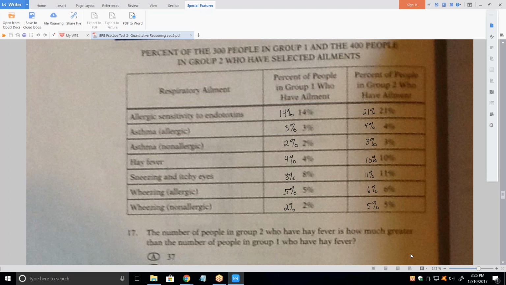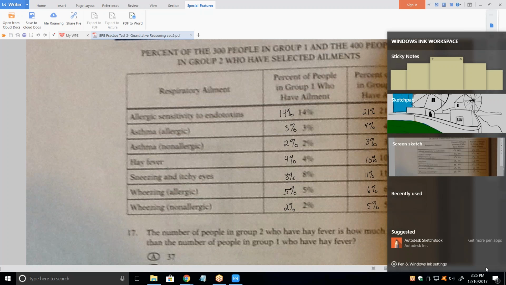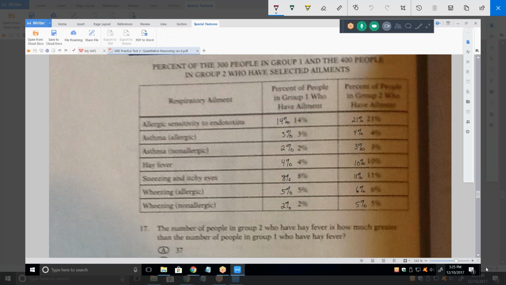It's the first step: finding the number of people with hay fever for both of them. 4% for group 1 and 10% for group 2. So convert those to numbers of people, because that's what they're asking about. They're not asking 300 people, so we need to know 4% of 300. So that's equal to 12.